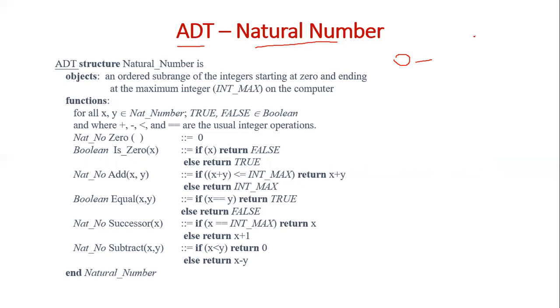There will be some limit, because the limit is based on the memory allocated for the particular data type. So for the natural number, if you allocate only 1 byte, you can only store 0 to 255, because all 8 bits being 1 means it is only 255.